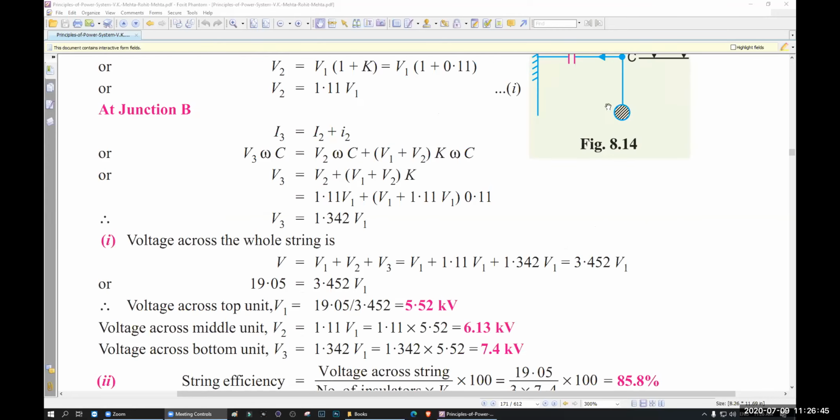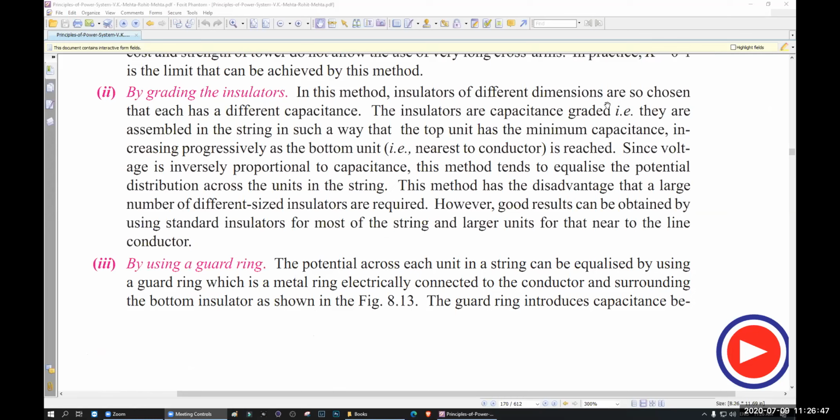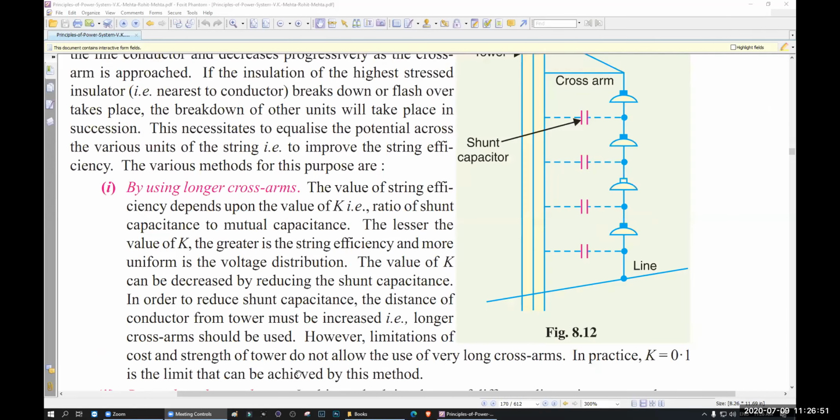So this is a very effective method, but there is a problem with this method. The problem is, before grading, you just have to make one size of disk, right? One size. Understand my point? Now you have to make different sizes of disk.